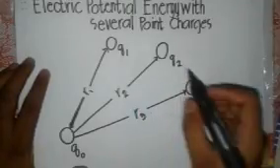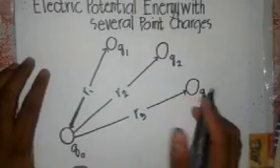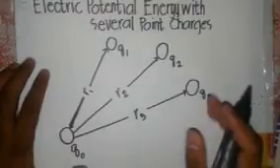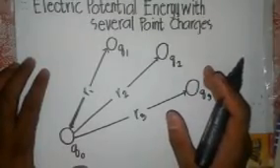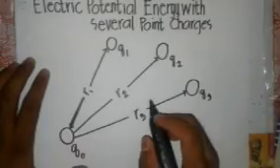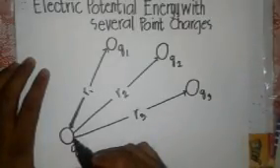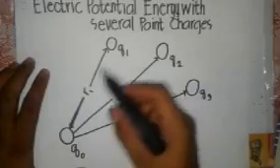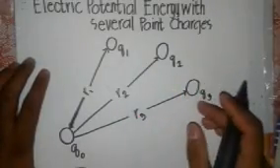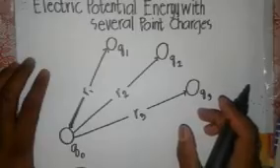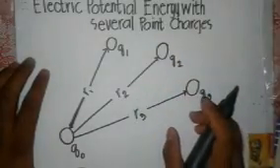So the total electric field at each point is the vector sum of the fields due to the individual charges, and the total work done on our charge q naught during any displacement is the sum of the contributions from the individual charges.